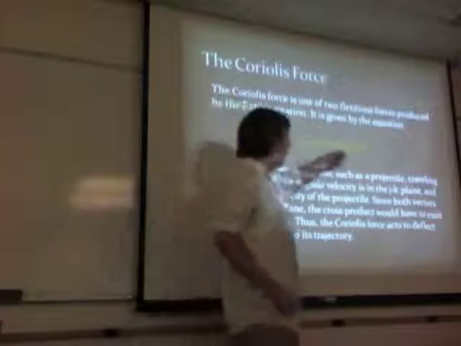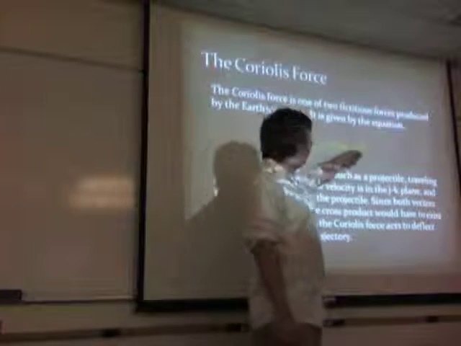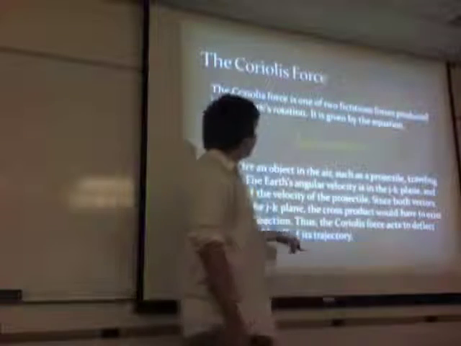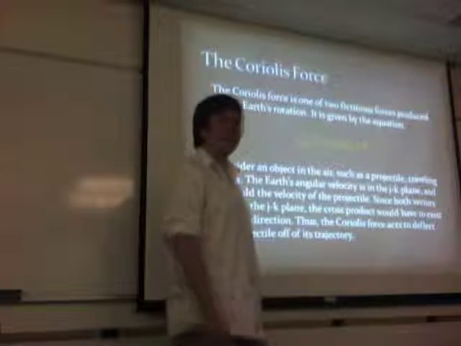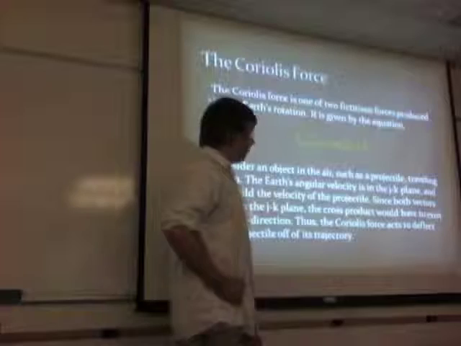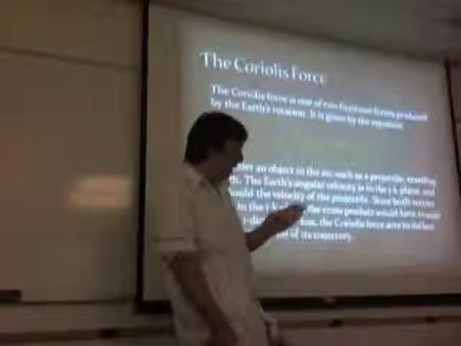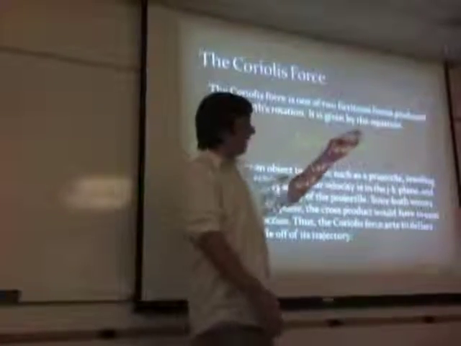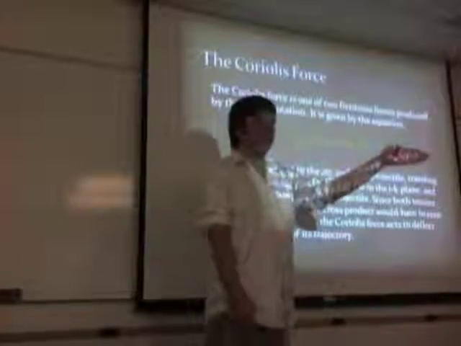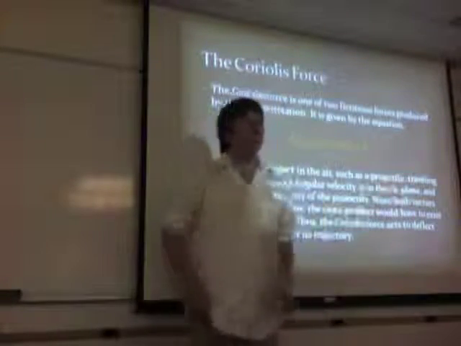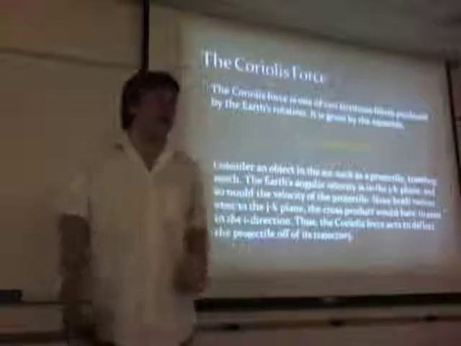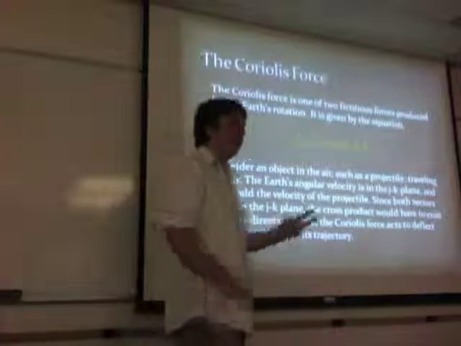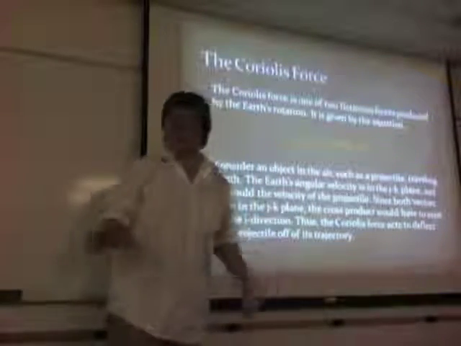Okay? When you take omega, which is also in the JK plane, and cross it with the velocity, you get a force that's in the I direction, either positive or negative. It doesn't really matter. The point is that if it's going in the JK plane, it's going to deflect a little bit away from the JK plane that it's in. Okay? So that's something that snipers have to take into account. That's a real effect of a so-called fictitious force.